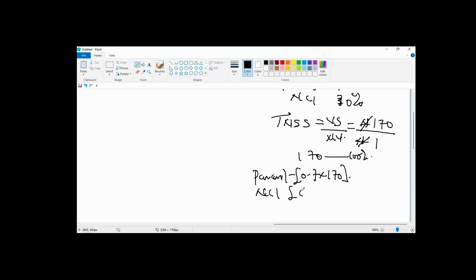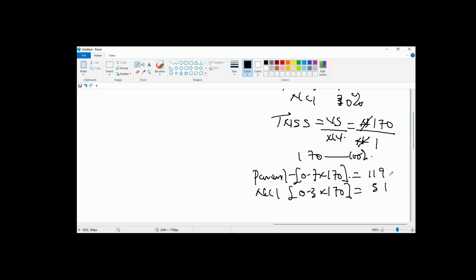NCI: 0.3 times 170. 0.7 times 170 is what? 119. And 0.3 times 170 is 51.